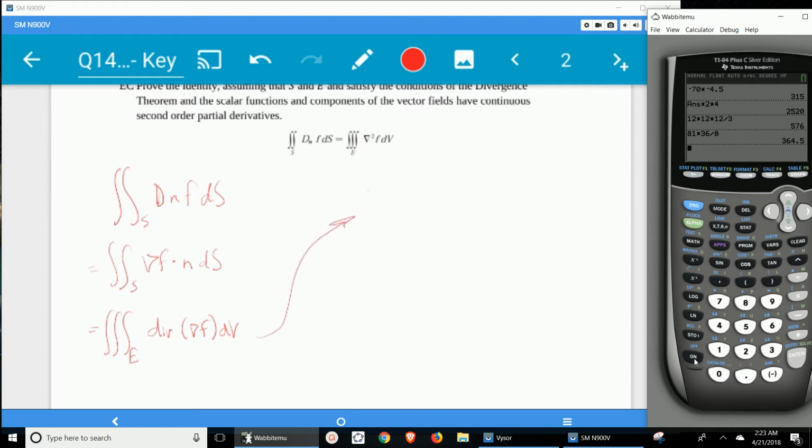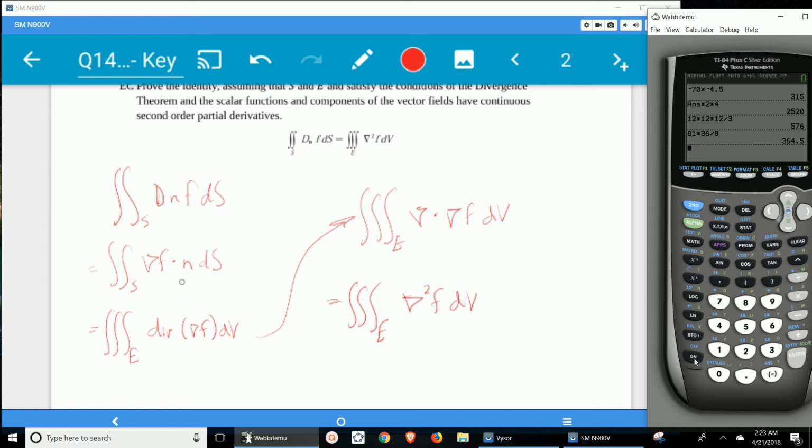And then what's divergence? That's dotting the vector field with del. And then this thing is del squared f dv, which is what we want to show. So that's really all you needed to do.